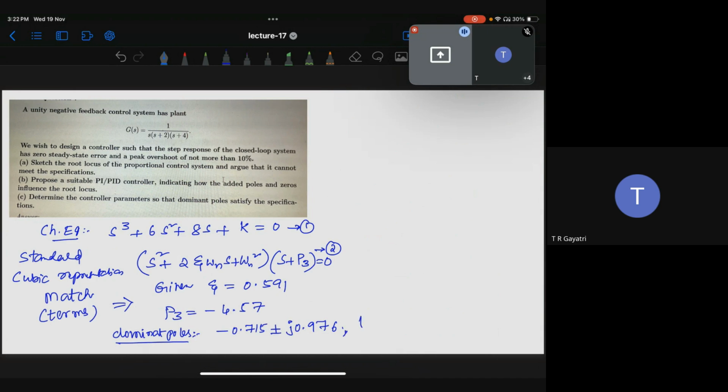And we get the k value as close to 6.69.